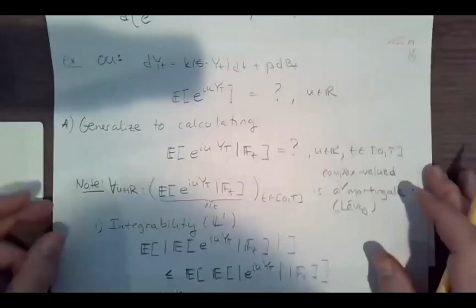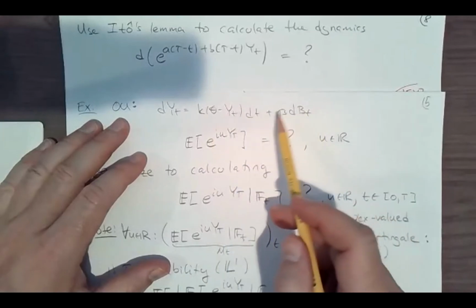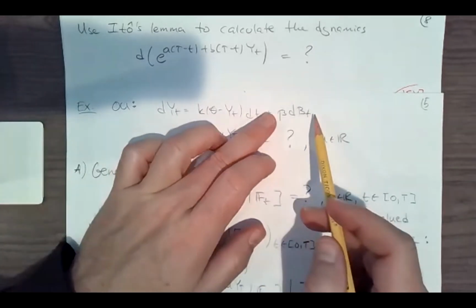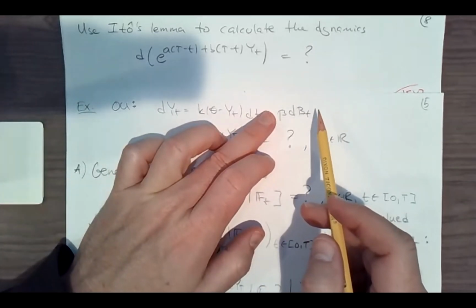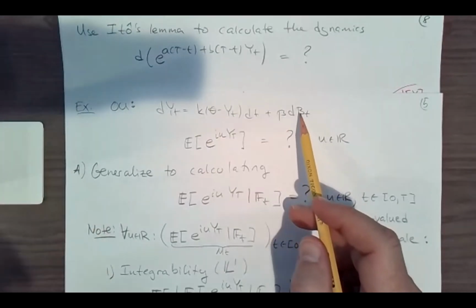We go back into the dynamics of the OU process. Quadratic variation only picks up stuff related to the Brownian motion. It doesn't pick up stuff related to dt, so I'll just have to focus on this one. And does anybody remember what the quadratic variation of a stochastic integral with respect to Brownian motion is?